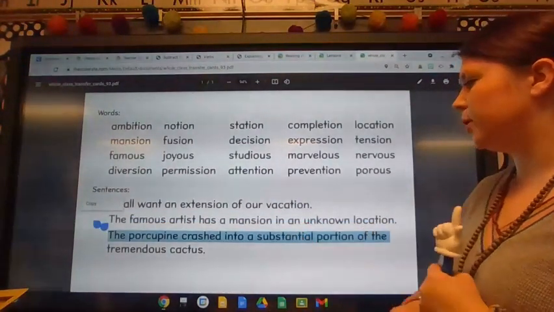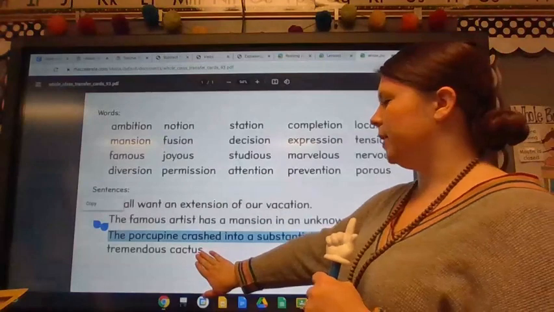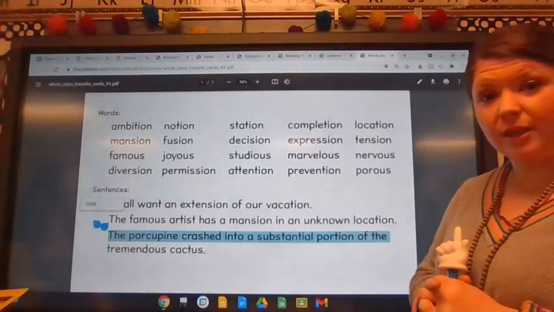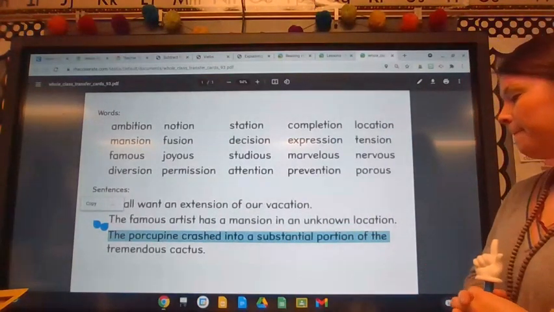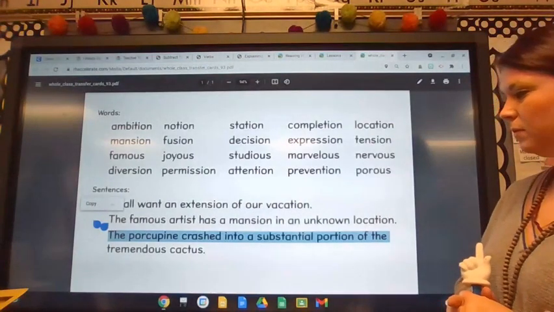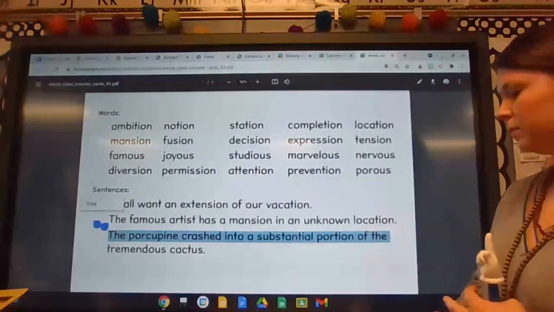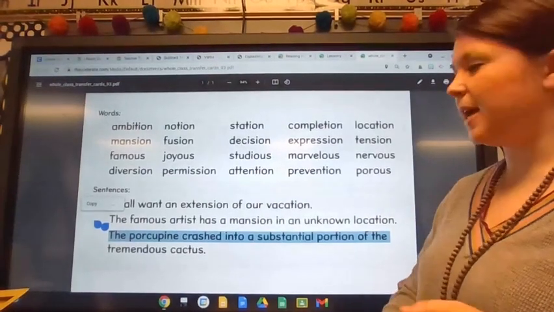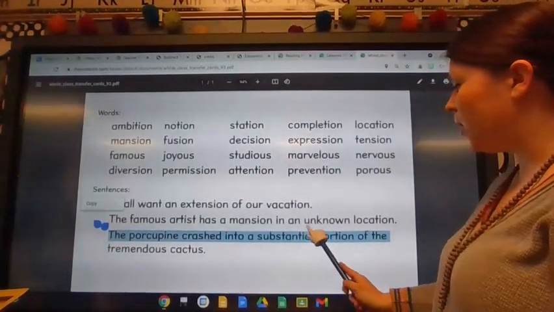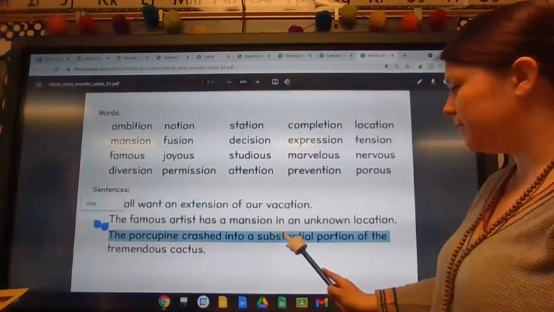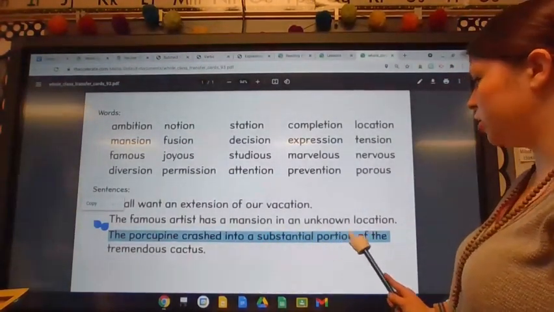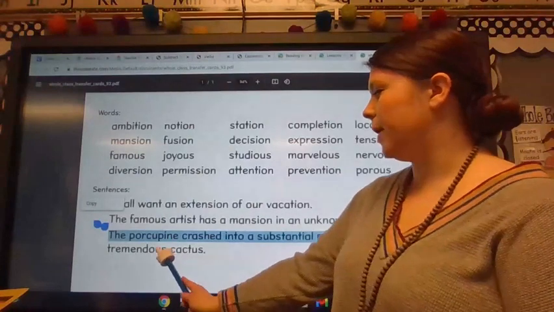All right, let's read sentence number 3. Remember, there is the part down here at the bottom. Also, don't forget about that, okay? Read sentence number 3, and when you're done, I want you to give me a thumbs up. Let's read this last sentence. Let's look for our suffixes. T-I-A-L, which says shul. Substantial, substantial. T-I-O-N, which says shun, portion. All right, let's look. O-U-S, which says us.